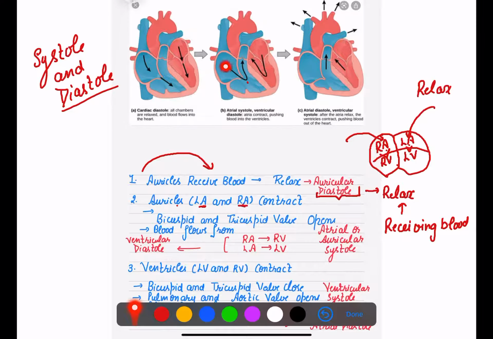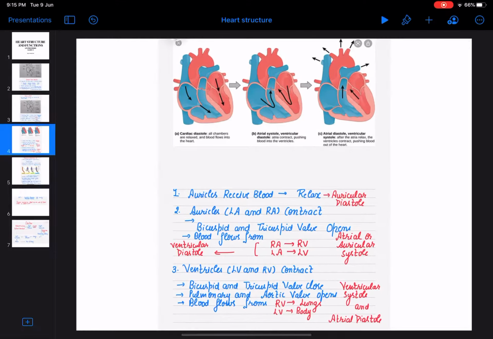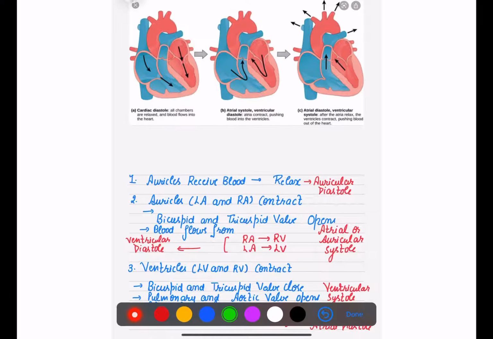When will they open? When these auricles contract. Which are these auricles? Here you can see this is our left auricle, this is our right auricle. So when these contract, then the tricuspid and bicuspid valves will be opened. That condition is known as atrial or auricular systole.